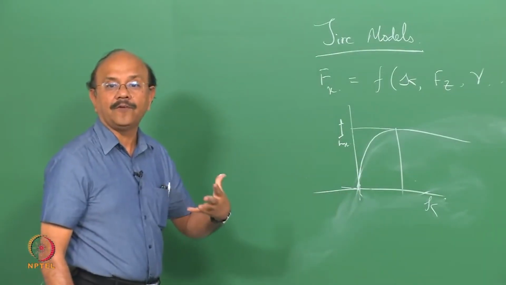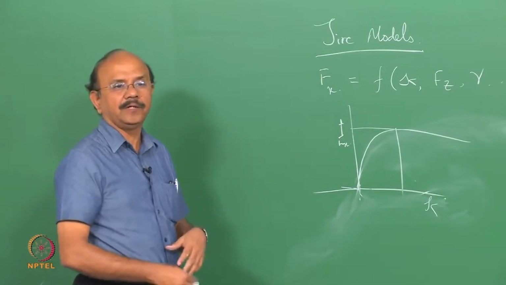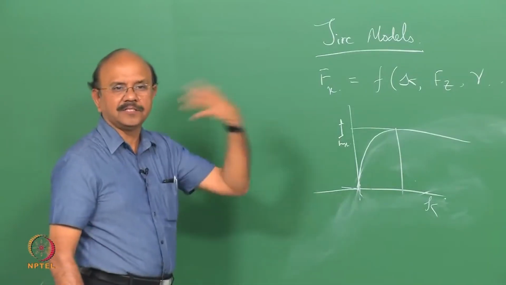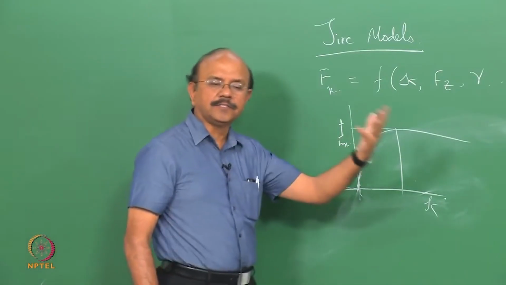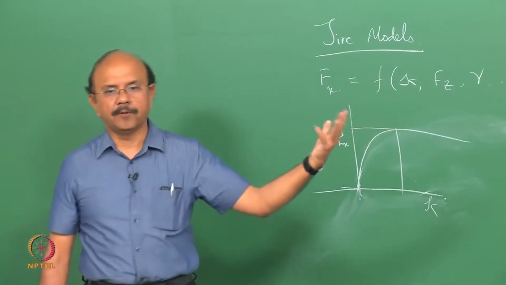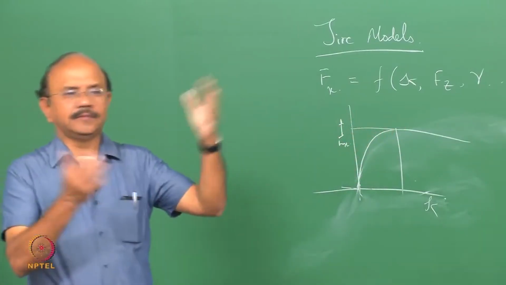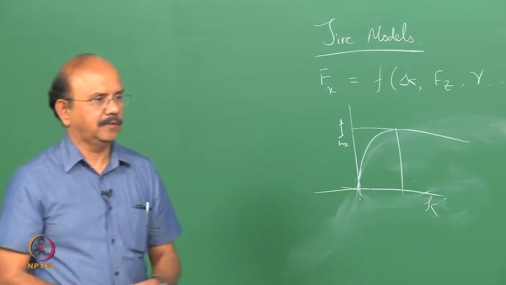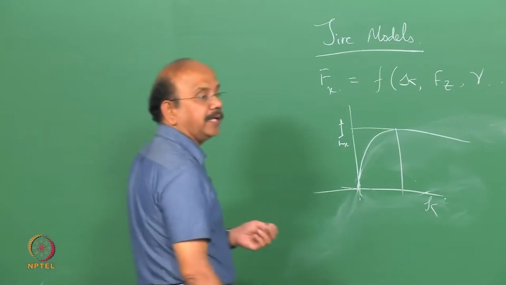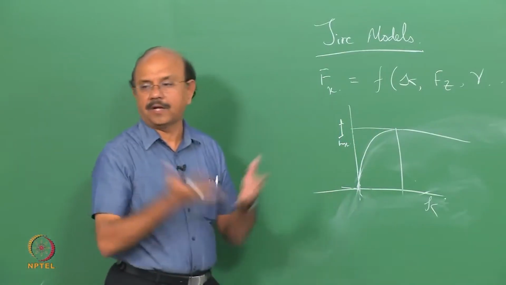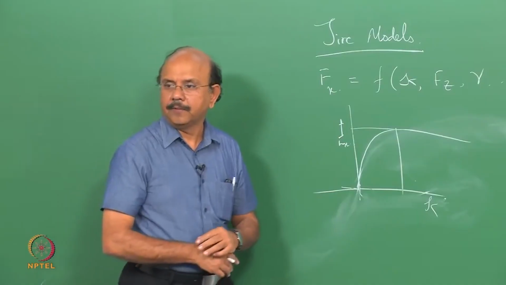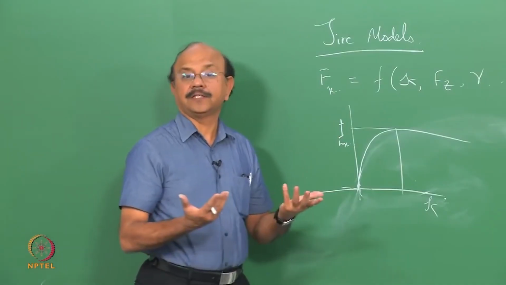If I now want to develop a force, suppose I have a vehicle with this kind of rolling resistance in the tire, this kind of aerodynamic forces acting, and this is the mass of the vehicle and all other things. Then you say I want 0 to 60 in 6 seconds, so you get an acceleration.